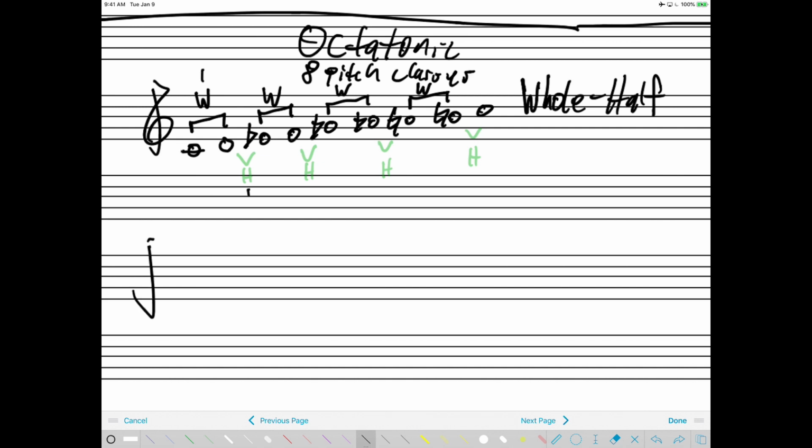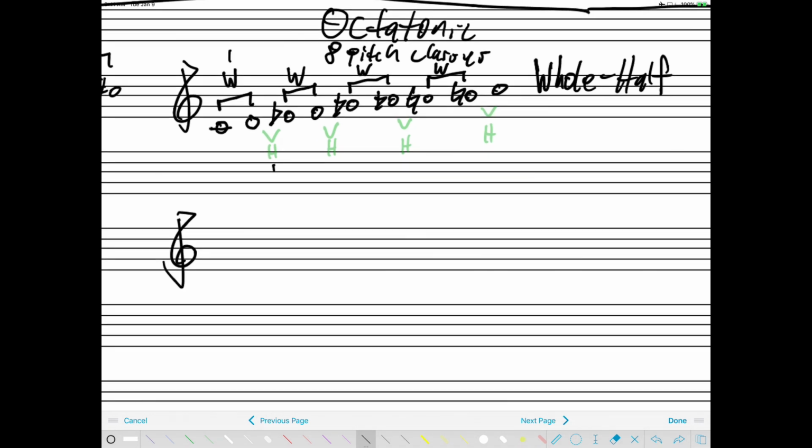Very creative terminology there. As you may expect, we can reverse that. So we can start with a half step and continue with a whole step here. And then going on to half steps. You will often find yourself using funky spellings as you're doing so.